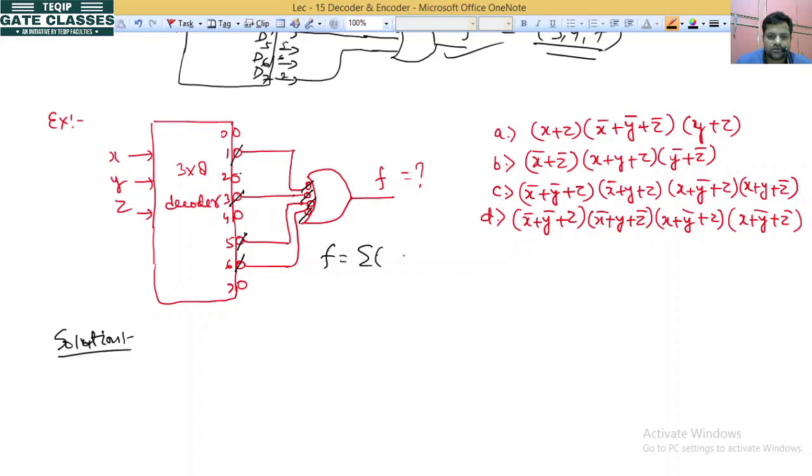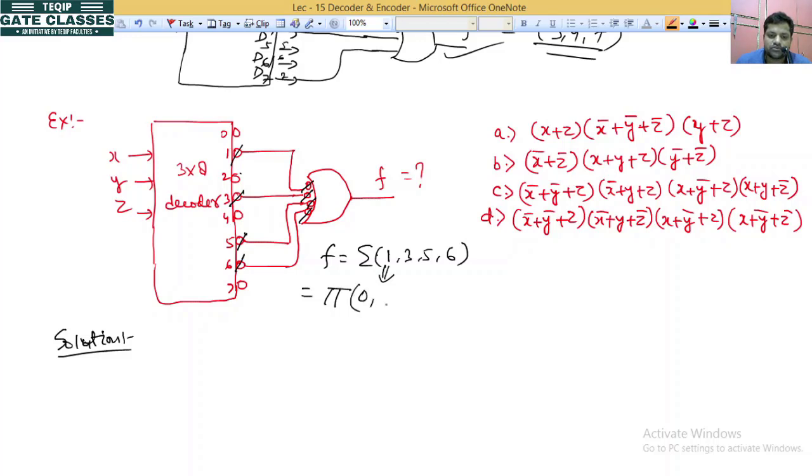The minterms will be 1, 3, 5 and 6. But if you see, the answer is in product of maxterm. So you have to change this sum of minterm into product of maxterm. So how do we change? We know that we write pi in place of sigma, and you write the missing terms.